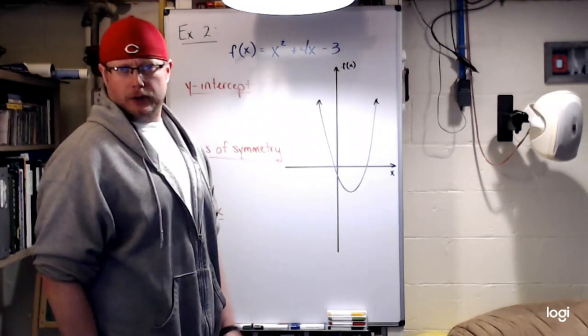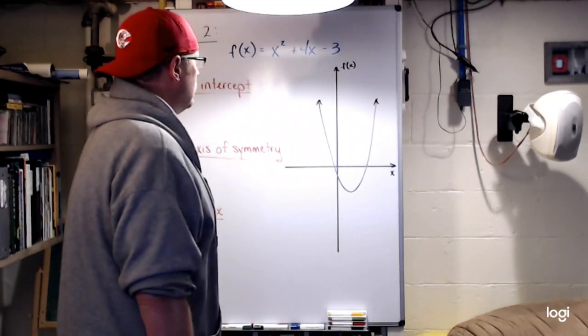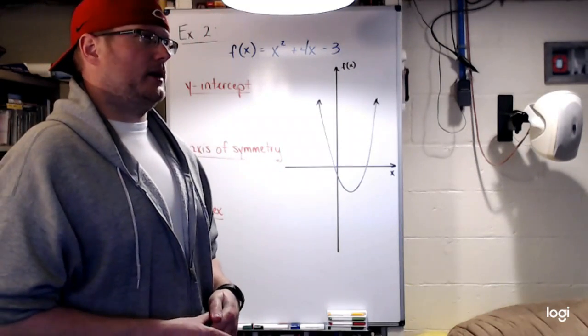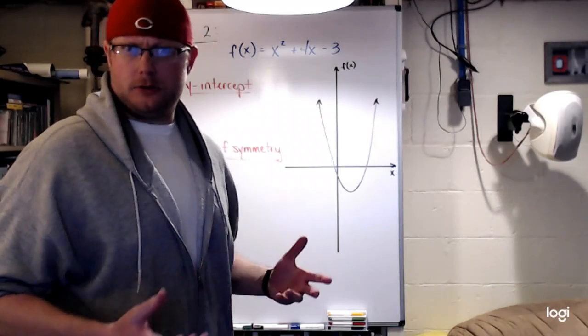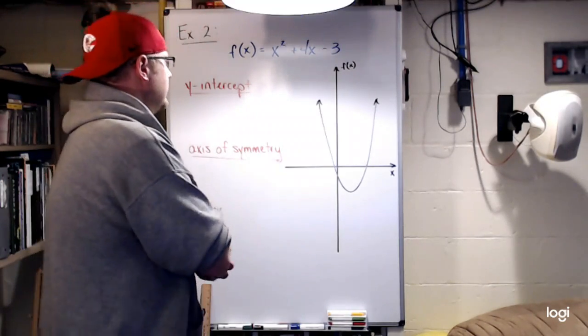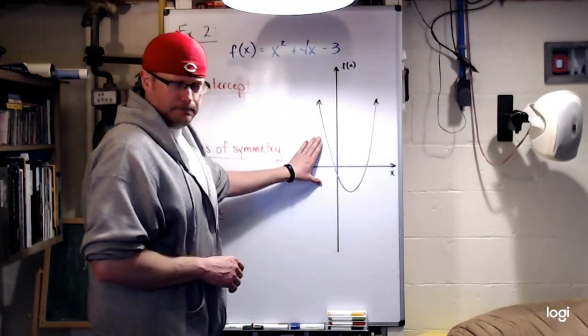A cannot equal 0. We talked about graphing it, and I said it was U-shaped, and we used the term parabola. Parabola is the shape, and that's what we've got right here.